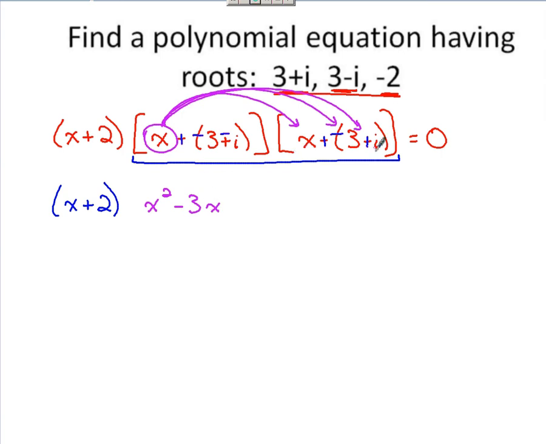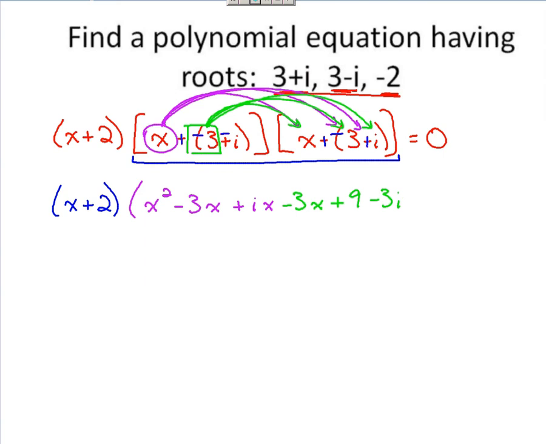I've got x times that plus i, so it's plus ix. Now, I'm going to take the -3 and distribute that through. I've got -3 times x, which is -3x. I've got -3 times -3, which is +9. I've got -3 times positive i, which is -3i.